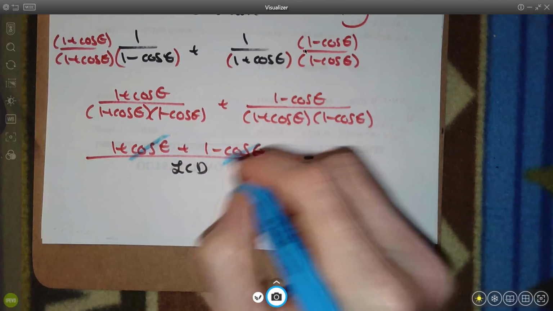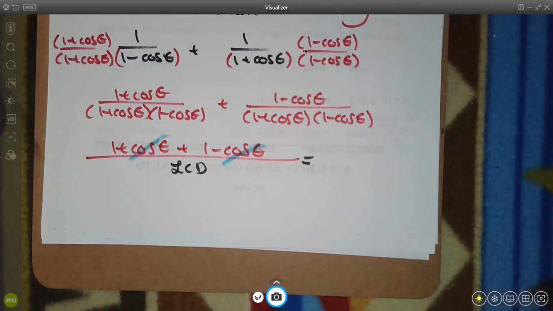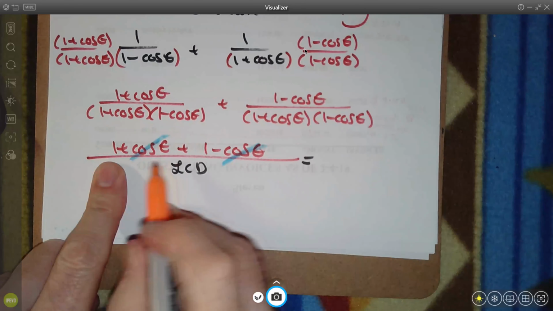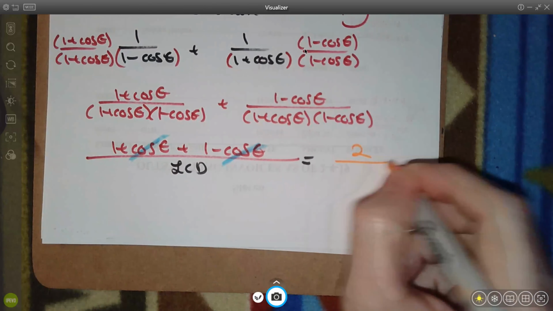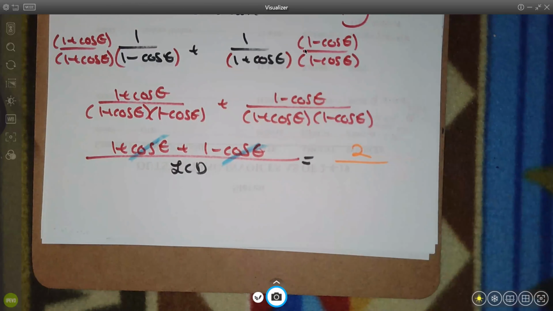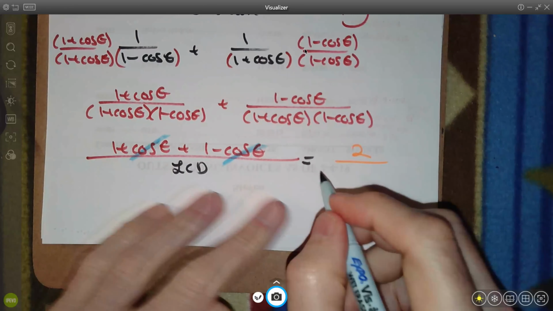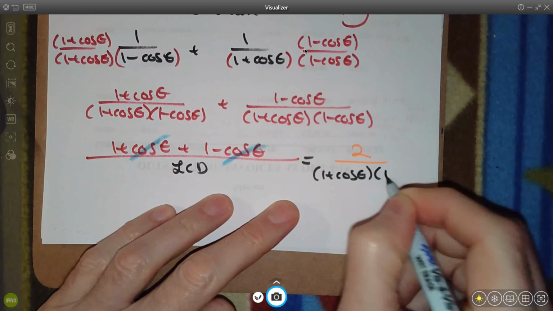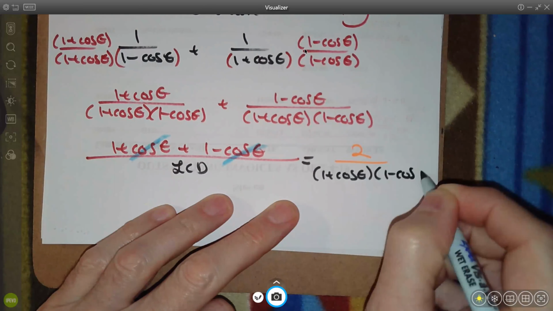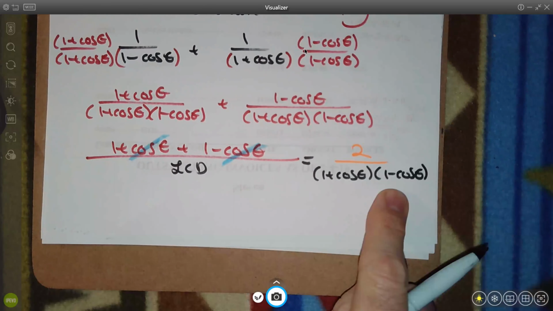The 1 plus denominator. Well, we are going to work with the denominator, but yeah, I think somebody mentioned the numerator. 1 plus 1 is 2. Yes. All right, cool. So let's take a look here at 1 plus cosine of theta times 1 minus cosine of theta. And actually, that'll simplify as well.